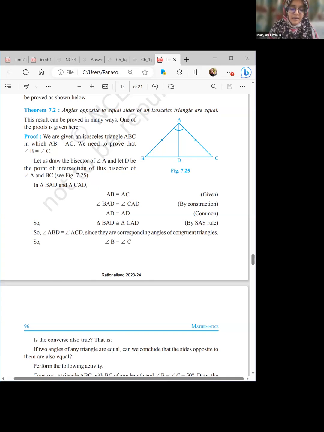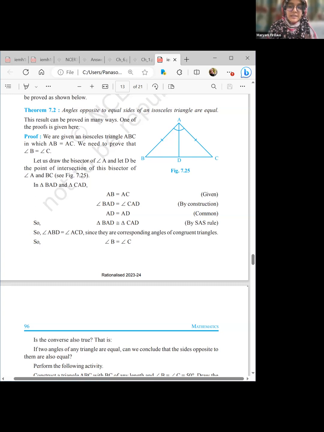Let's say if I give you a triangle like this, median means that line segment which divides this side into two equal halves. So this is going to be over here. This is going to be my median.